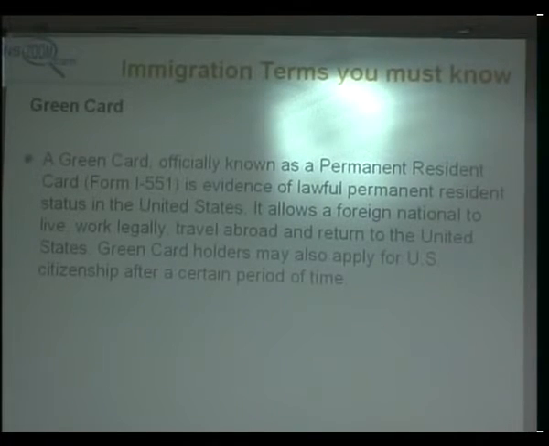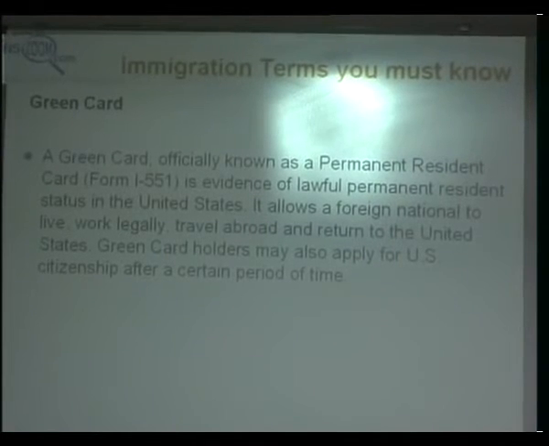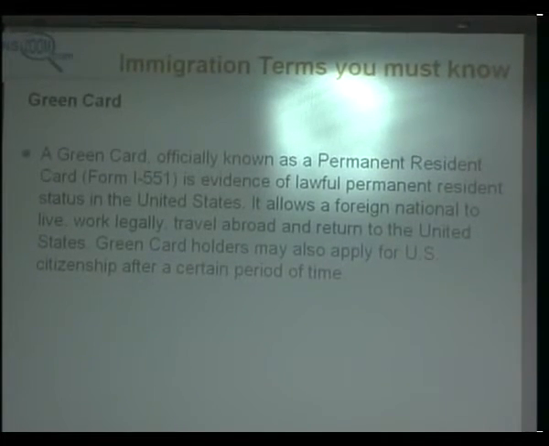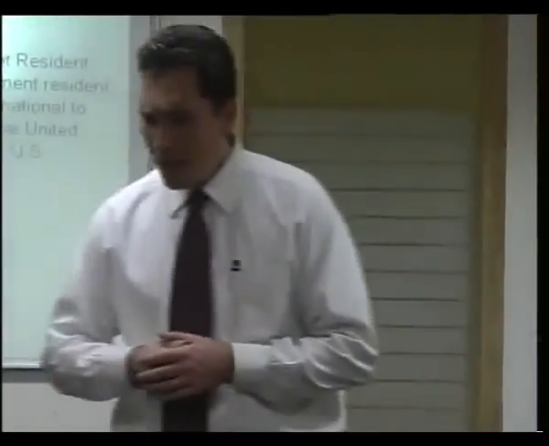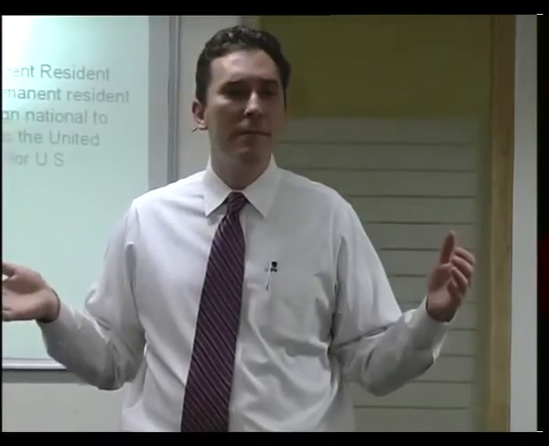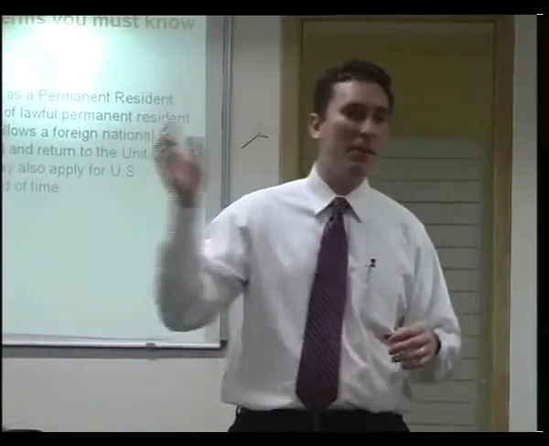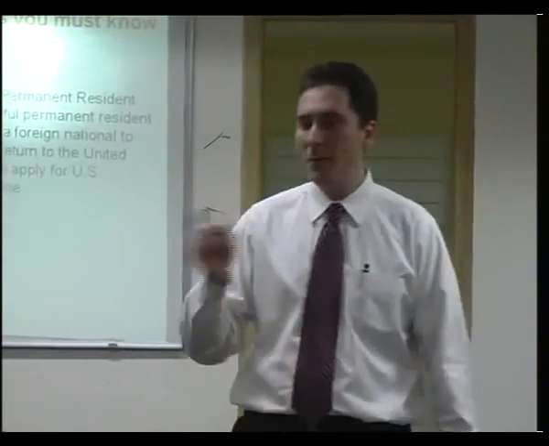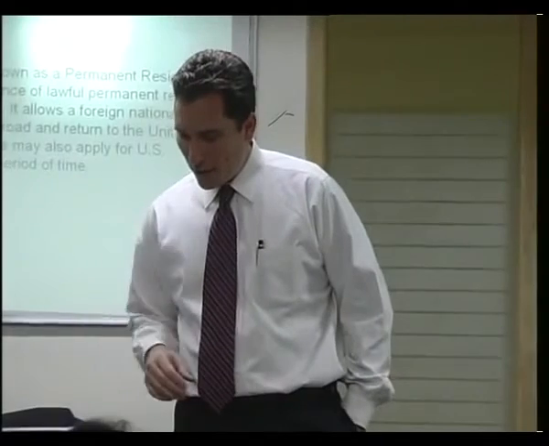It means that you have done whatever steps are necessary to prove to the government that you're a good person, that you deserve the privilege of staying permanently in the United States. Is it actually green? No, it's not actually green. But once upon a time, in ancient history, it was green. Back when the dinosaurs roamed the earth. So that's where they got that green card.